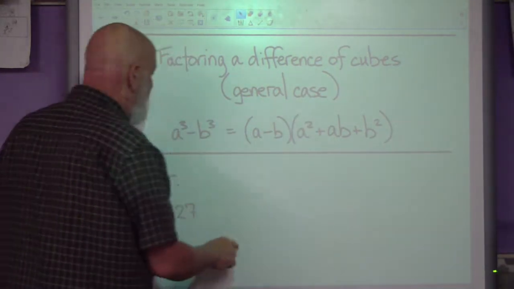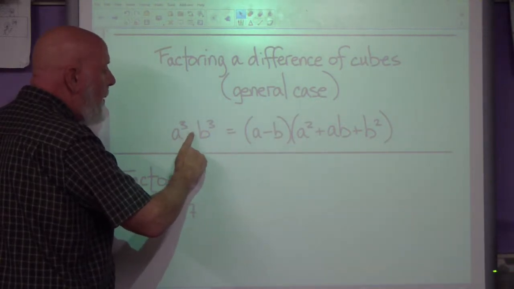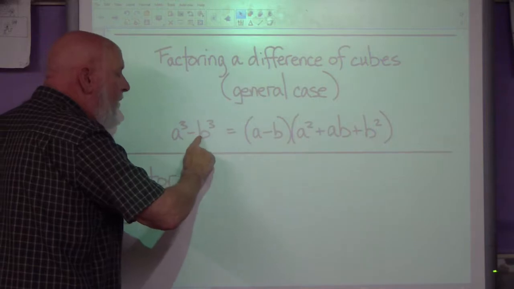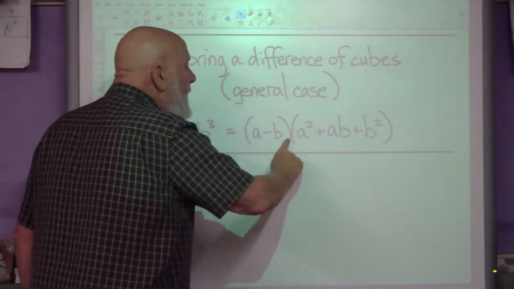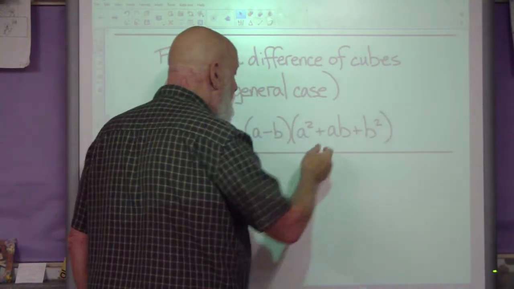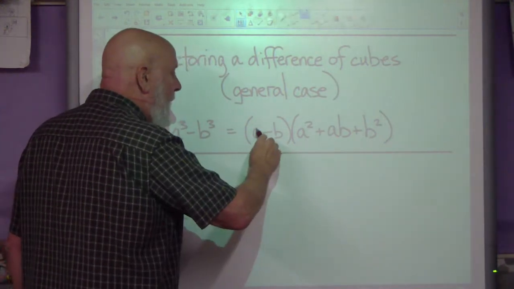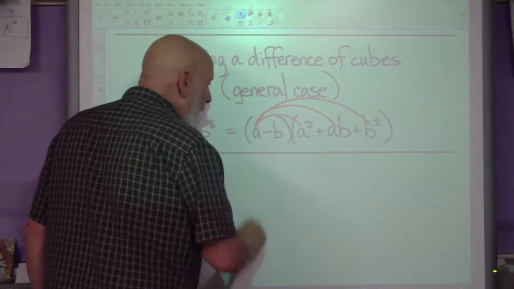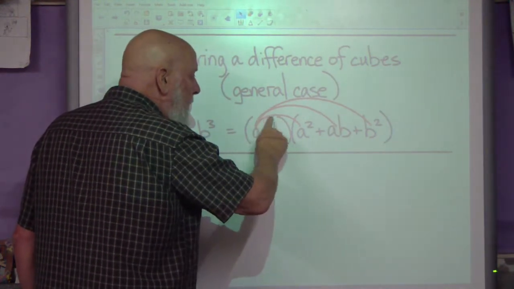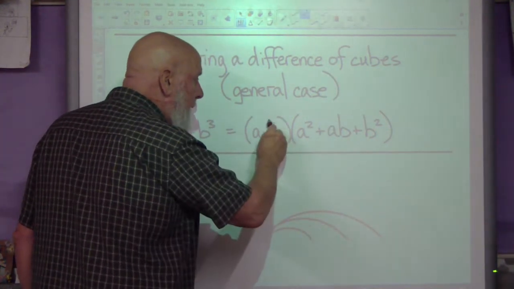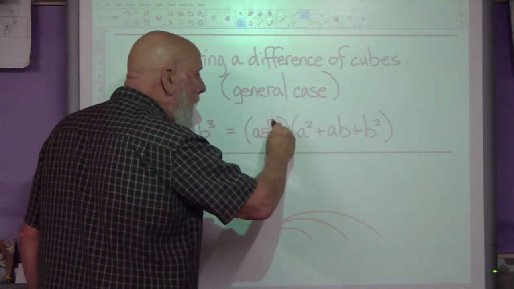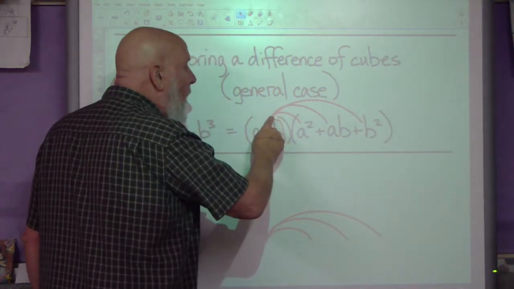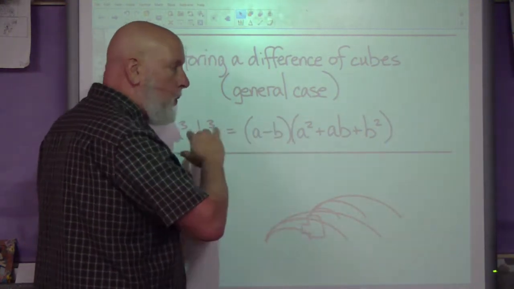Here's the general case. If you have any cube minus some other cube, these can be factored as this times this. In other words, if I take A and distribute it, and then write all those down and take negative B and distribute that, and write all these down, and then combine like terms, all of the terms will subtract out.